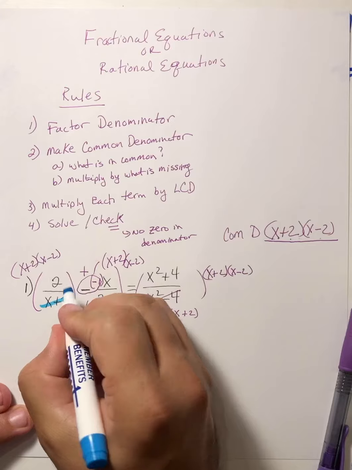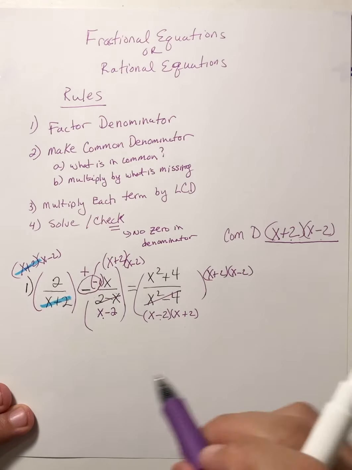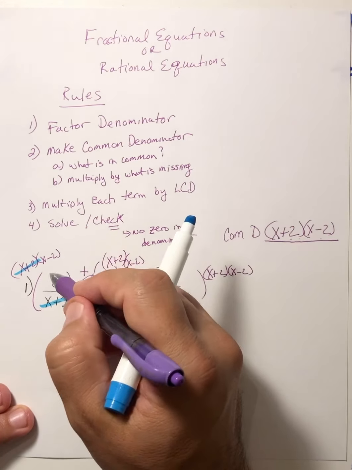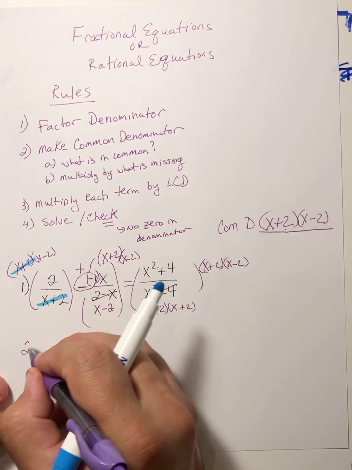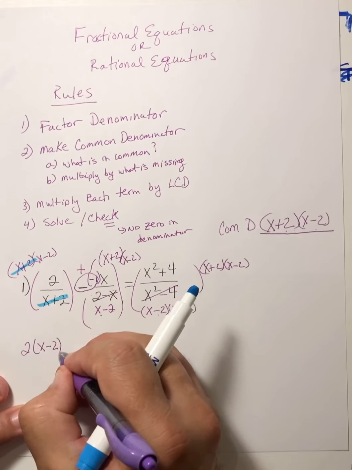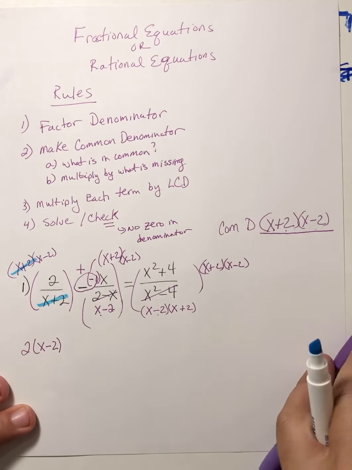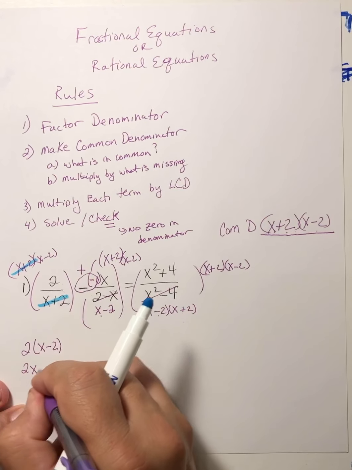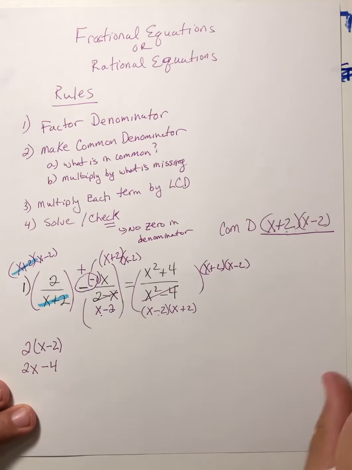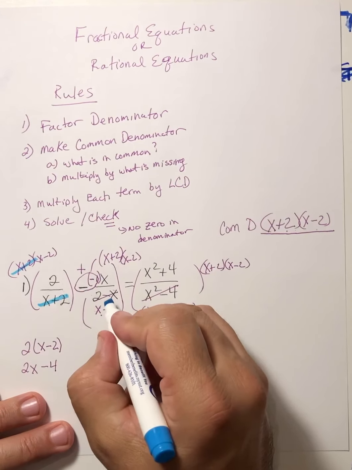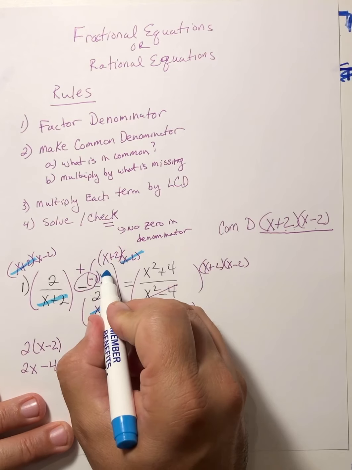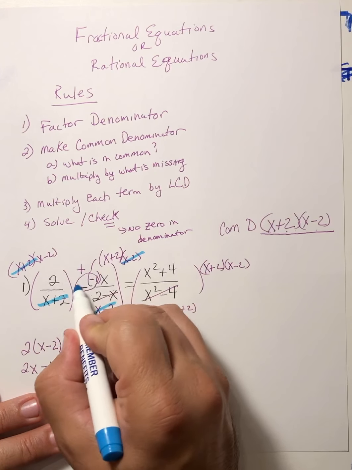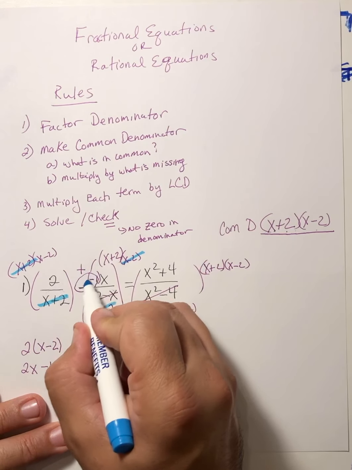So x plus 2 cancels with the x plus 2, so we're just left with 2 times the x minus 2. If you want to write this out, you can: 2x minus 4. Here, x minus 2 cancels with the x minus 2, so we have x. Remember this is a double negative, which becomes plus. We took care of that already.